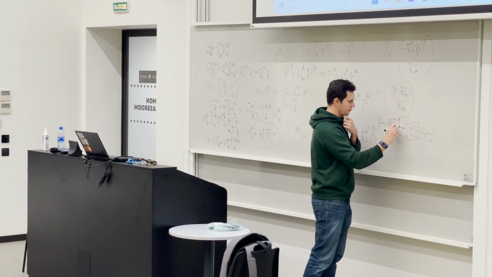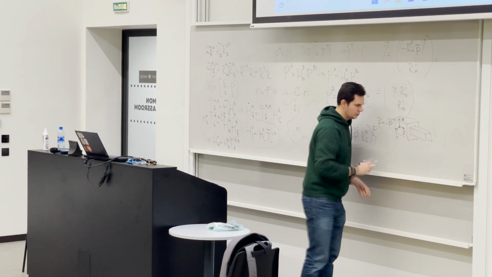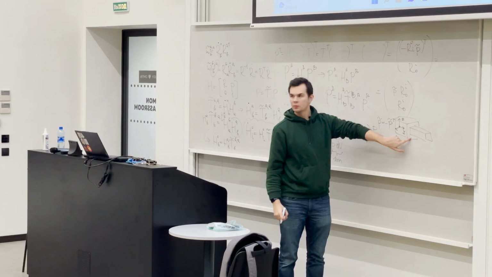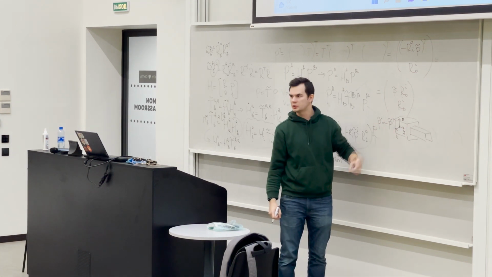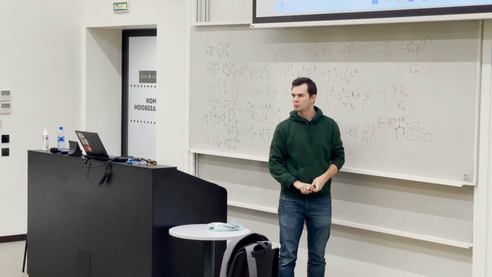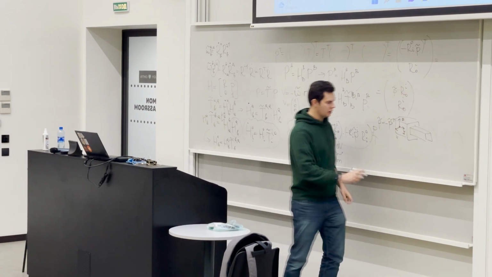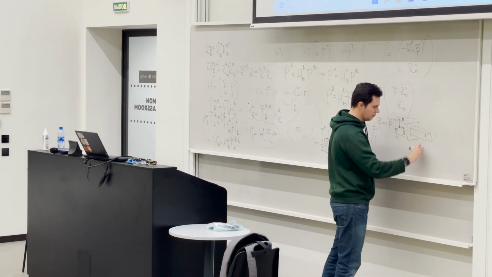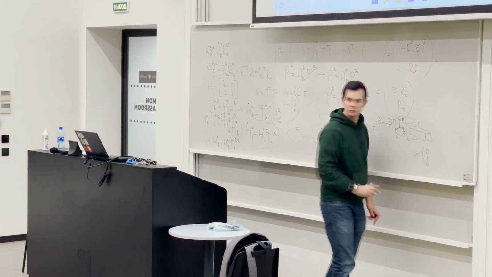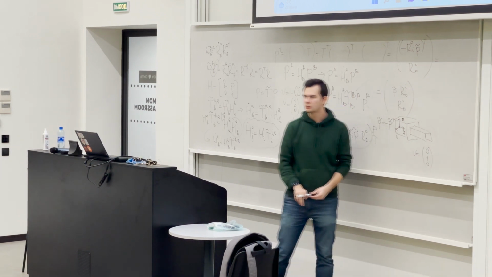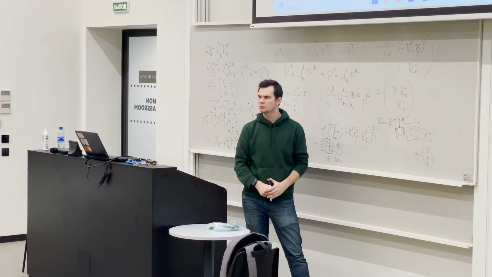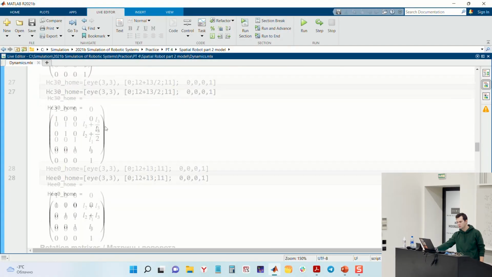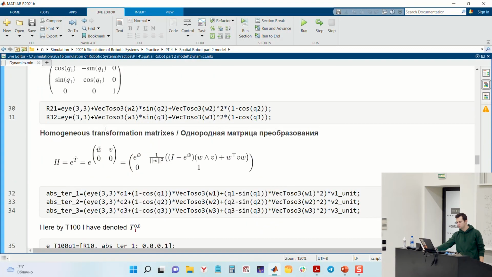This is your frame: z, y, and x. What is the direction of the prismatic joint? Y, yes, and this is why your v will be 0, 1, 0. We can do it just by inspection. And pretty much that's it.